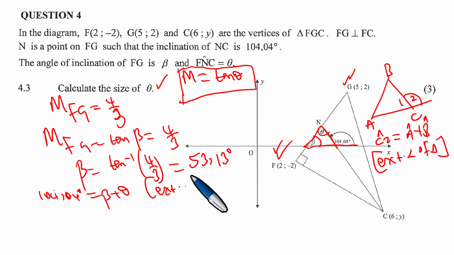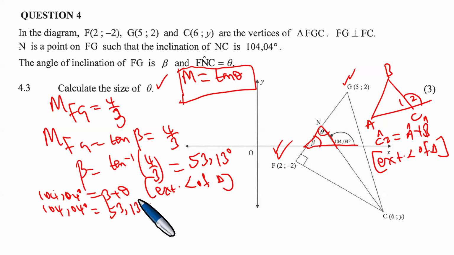So 104,04 degrees equals the angle beta, which is 53,13 degrees, plus theta. This one is equal to this plus this because we are dealing with the exterior angle of the triangle.